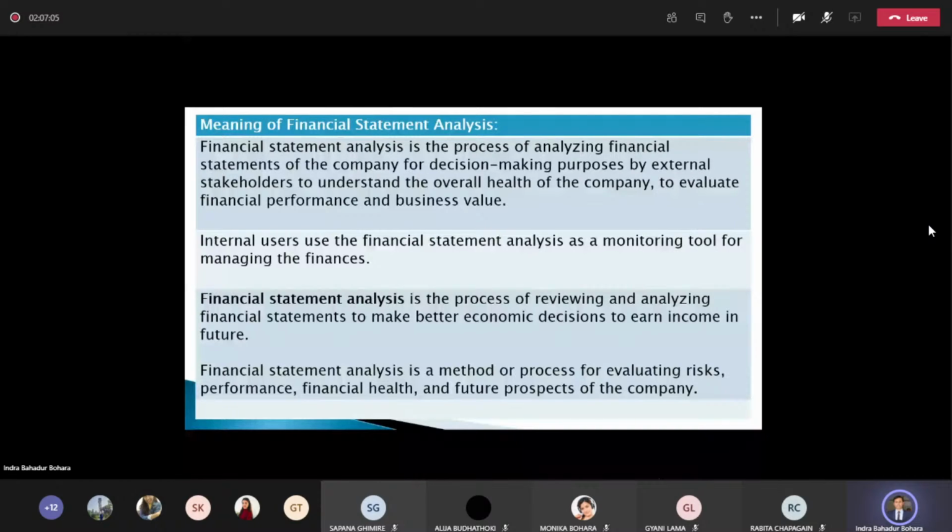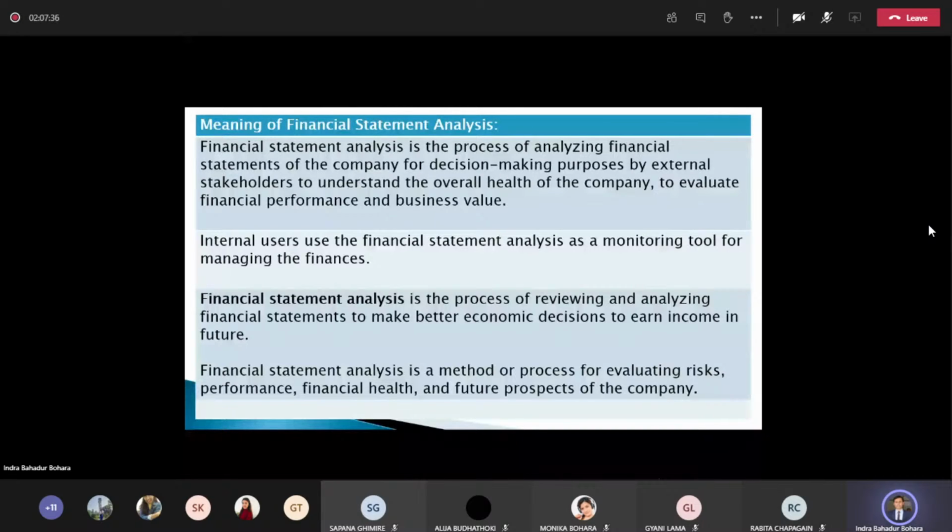Therefore, it is important to internal users to monitor the day-to-day activities, financial matters, and operating efficiency of the company, and to judge managerial skill and performance efficiency. Therefore, financial statement analysis is used as an important monitoring tool by the internal users of the company.